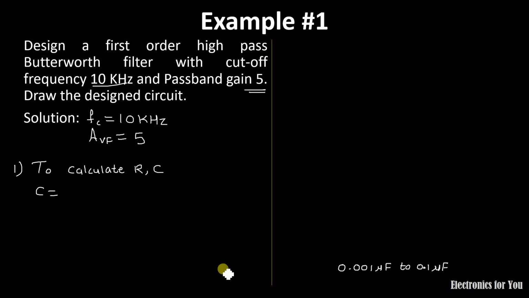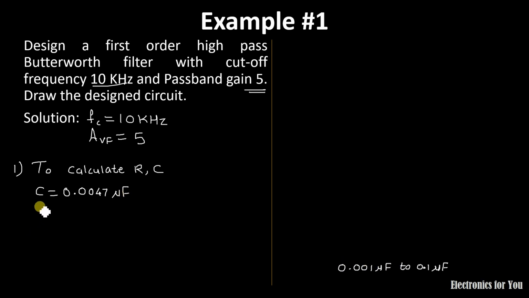Now we can choose any value in between them. So I can take 0.001 microfarad, or 0.01 microfarad, or 0.1 microfarad. In this case, I am assuming the value of C as 0.0047 microfarad. Definitely this value is in between this range.